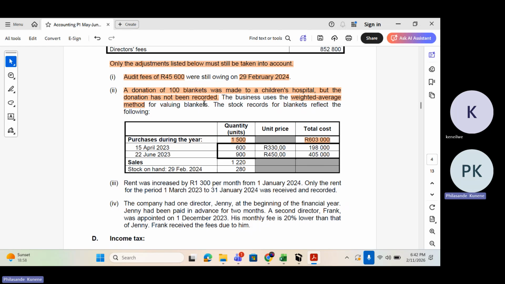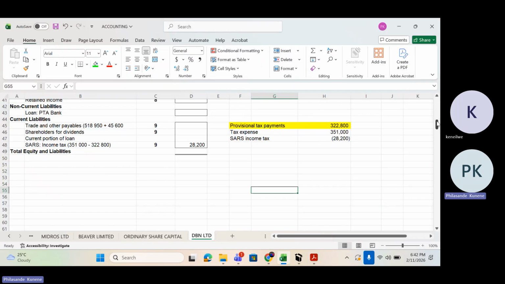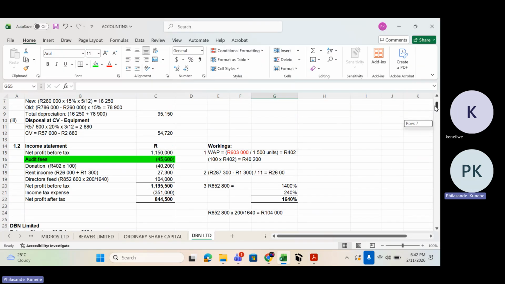So we need to deduct the value of these blankets. If we check how we dealt with it on the income statement, we calculated a weighted average price. These are the workings we made: 603,000 divided by 1,500, which gave the weighted average price of 402 rands.